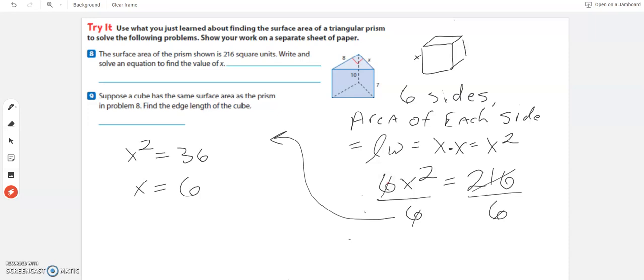We can divide both sides by 6, and we end up with x squared equals 36. And when we find the square root of x squared, we end up with 6. Technically it could be -6, but you can't have a side length that's a negative number.